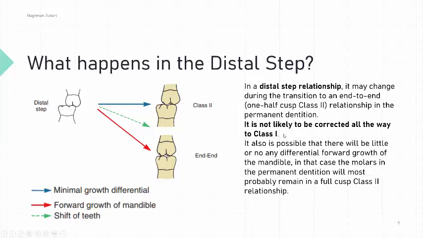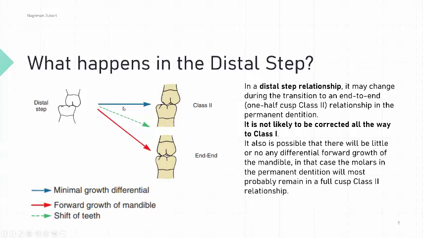This is stated by Moyers, and the reference is also given in the slide. It is also possible that there will be little or no differential forward growth of the mandible. In that case, the molars in the permanent dentition will most probably remain in a full cusp class 2 relationship.